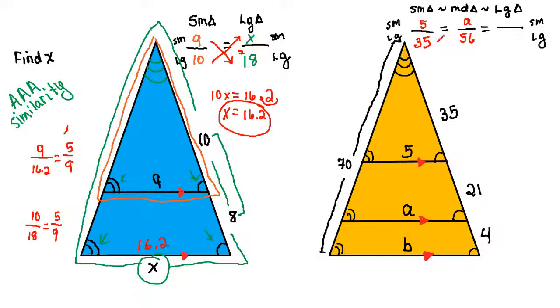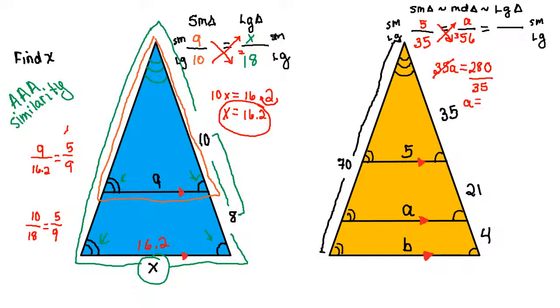Alright, so now we're just going to cross multiply these together, and we get 35A equals 5 times 56, 5 times 6. Practice some mental math while you do this. Don't try to rely everything on the calculator. 5 times 6 is 30, carry the 3. 25 and 3 is 28. We're going to divide by 35.